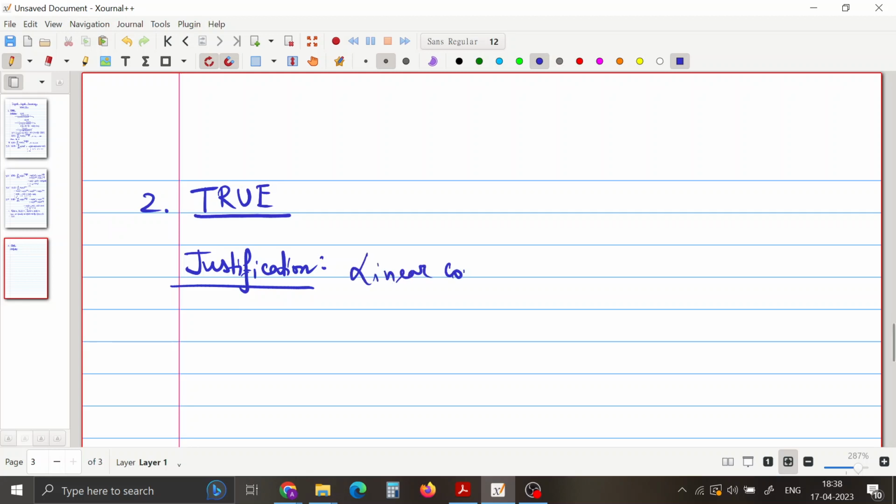If you perform the linear convolution of these two given sequences, x of n and delta of n minus l, you get x of n minus l. There is no periodicity coming into the picture yet.